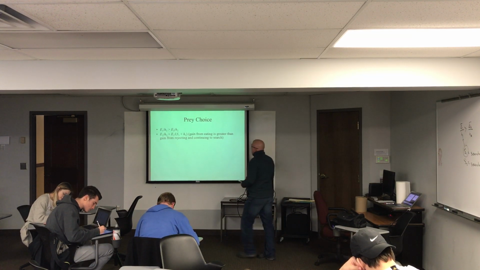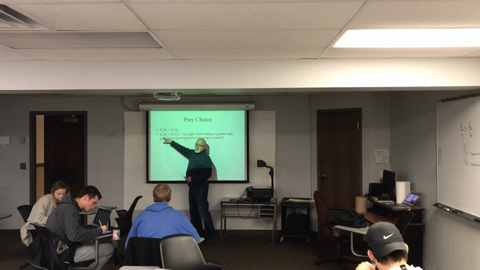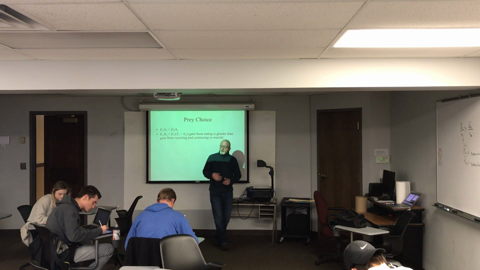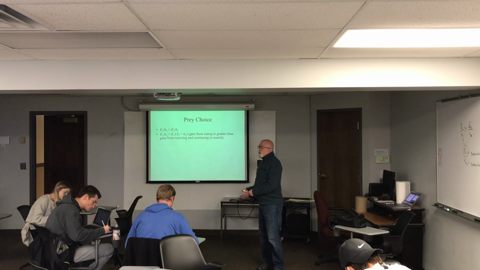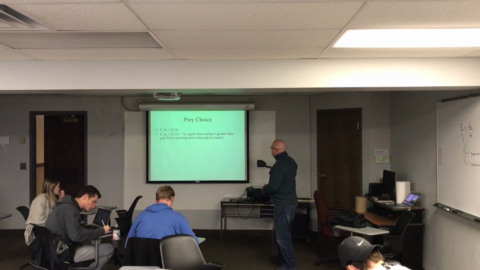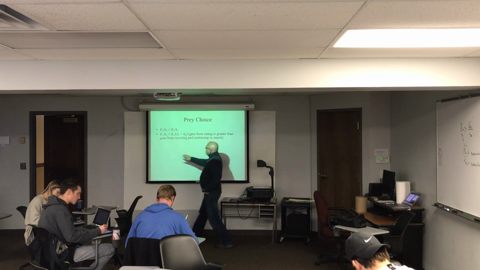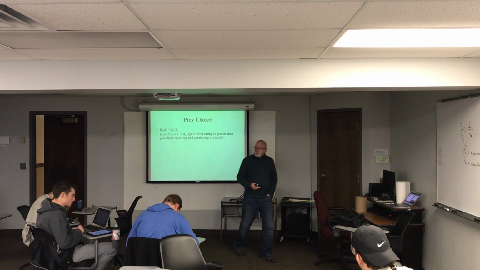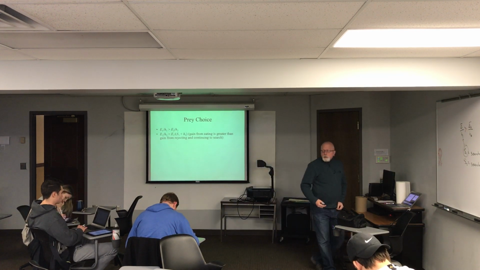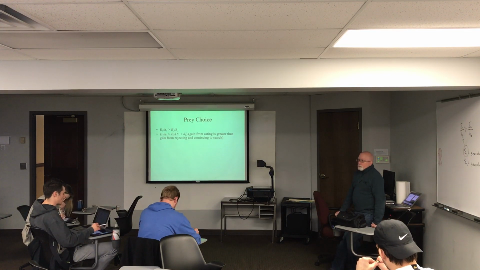And so if search time adds significantly to the total time, it reduces this rate below the rate of energy gain from eating prey 2, in which case you should eat prey 2 when you find prey 2 and prey 1 when you find prey 1. Small prey, large prey with search time included. So you shouldn't be a specialist, you should be a generalist if search time is significant.